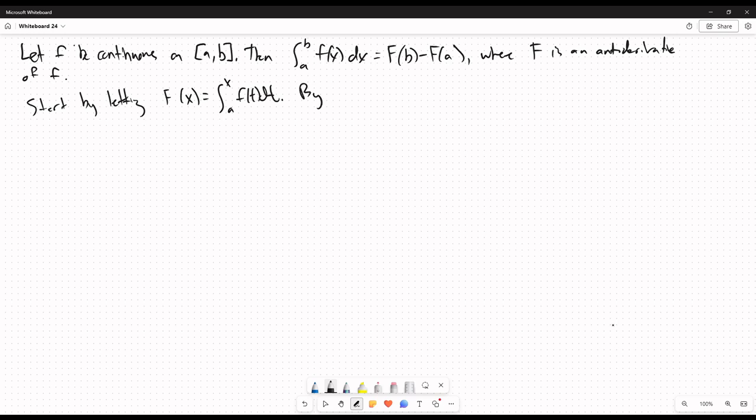By the first part of the fundamental theorem of calculus, this is an antiderivative of f, lowercase f.